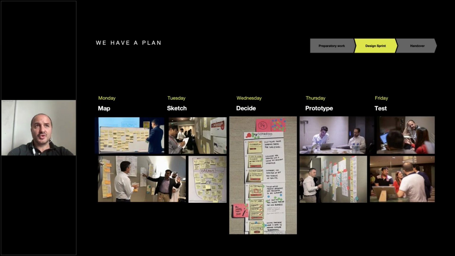On day two, we started sketching. Day three was finally deciding. And in this case, which is usually the case, we put together the solution based on bits and pieces from the different sketches coming from all the team members. And day four, we prototyped, and finally we tested with real customers.